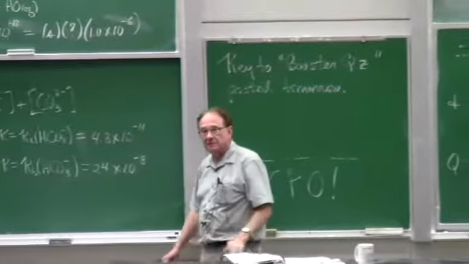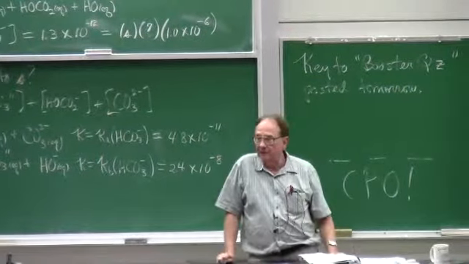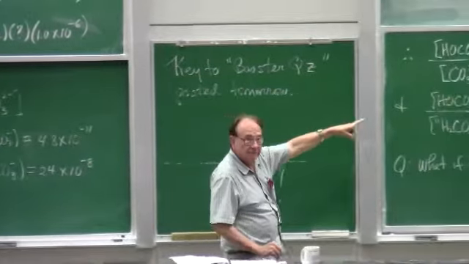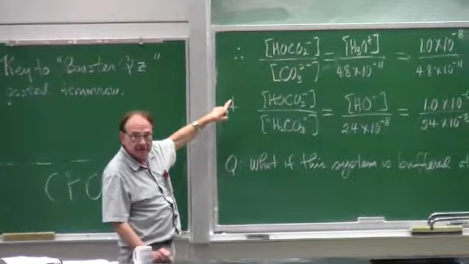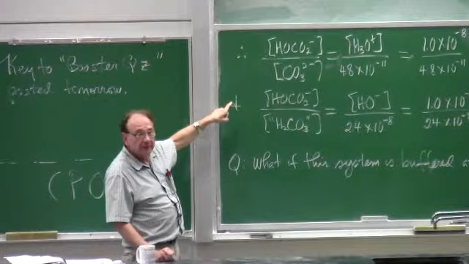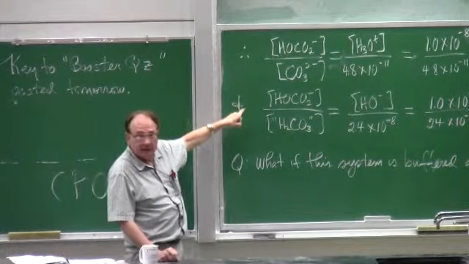You can write the K expressions if necessary, and then rearrange them to get these forms. Nothing fancy about this. From an algebra standpoint, this is as simple as pie.